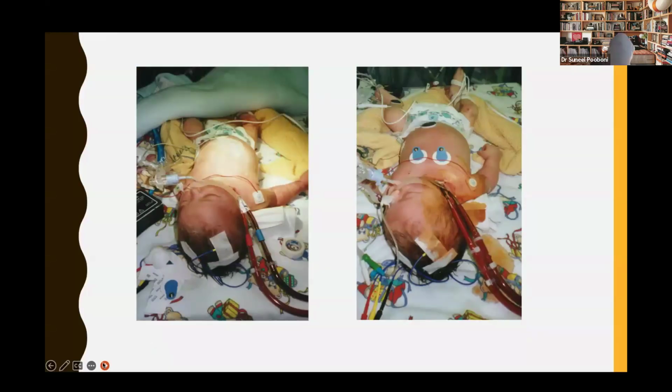Here is a baby on two different cannulas, one on the veno arterial ECMO and one on veno venous ECMO. This is the W-man cannula to the left side and two separate cannulas to the right side you can see.